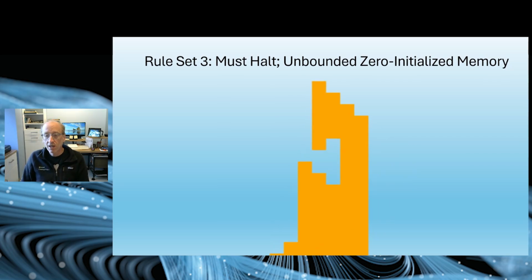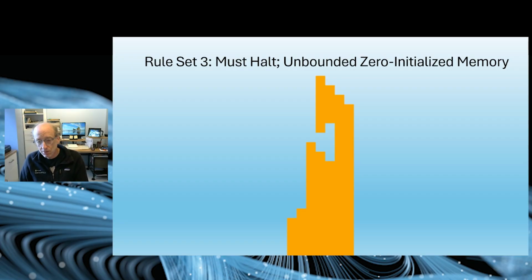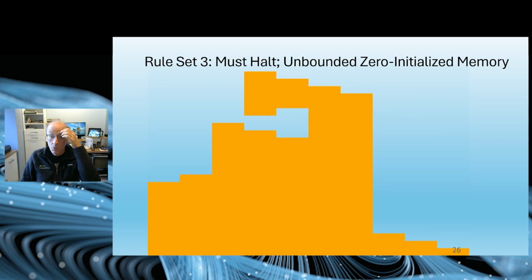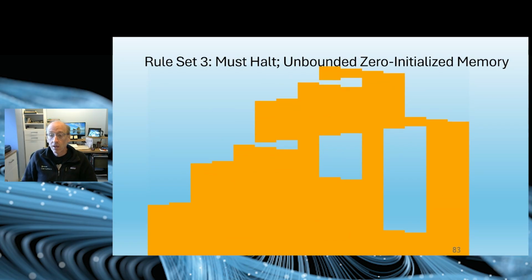Let's run it a few more steps. And the very bottom row you see there means there's a bunch of 0s, and then a block of 1s, and then a bunch more 0s. We can widen it. This isn't anything to do with the Turing machine itself. This is just me stretching out the previous diagram so it fits the screen better. And we can run more steps. So here we're at 100.